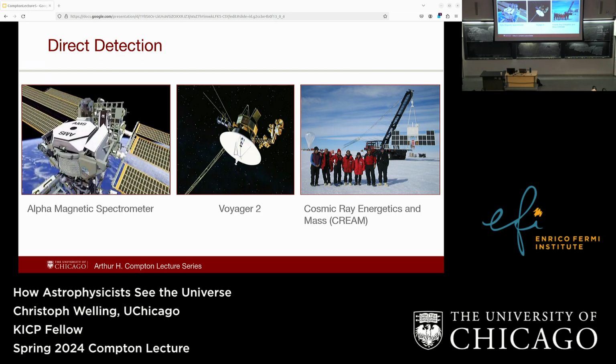Interesting are also Voyager 2 and Voyager 1. They have little particle detectors on board, and they're just making it out of the solar system, and they're still sending. Voyager 1 actually recently lost communications. They're trying to get it back, but Voyager 2 is still going strong. So we can measure what the particle flux looks like when leaving the solar system.